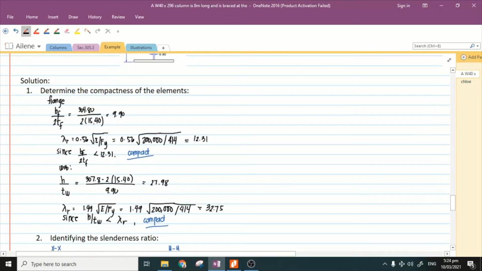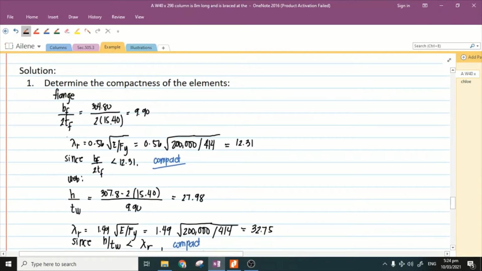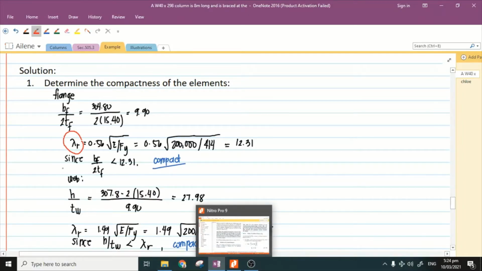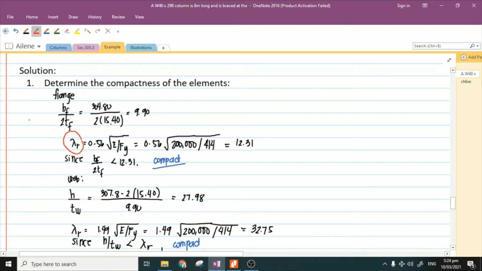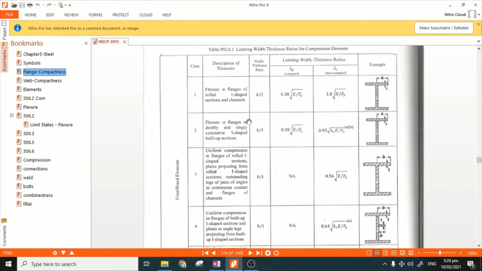So, the method is the same as for beams. However, what changes here is the limiting ratio. If we go back to the table, here, flange compactness. What we used before was case number 1 or 2, wherein the member is under flexure.